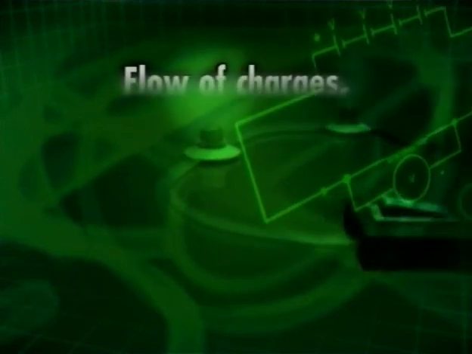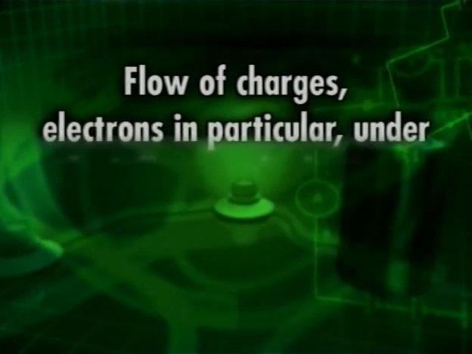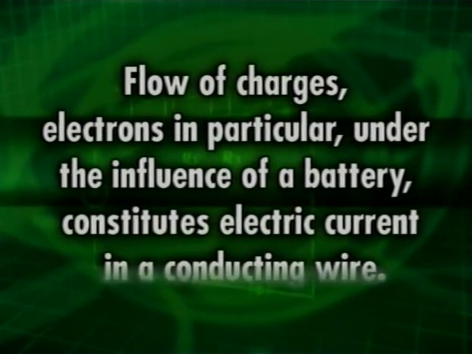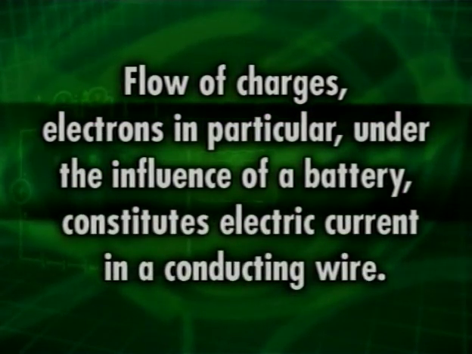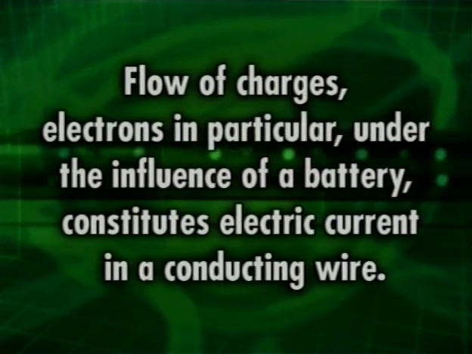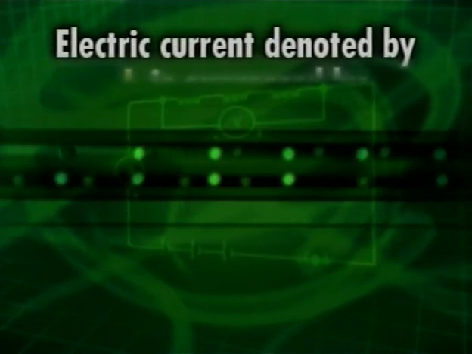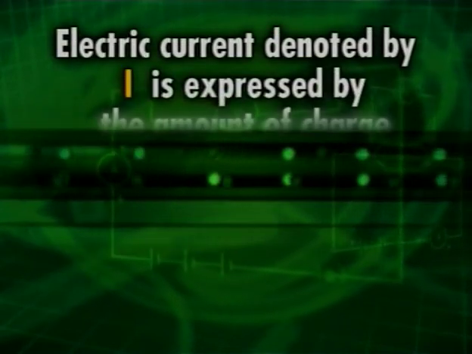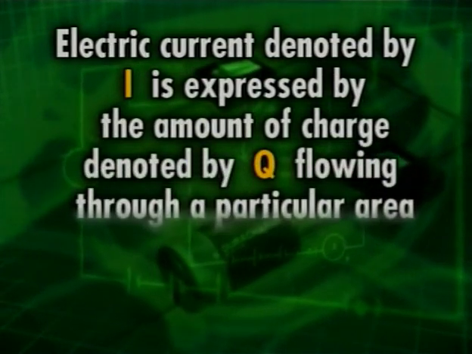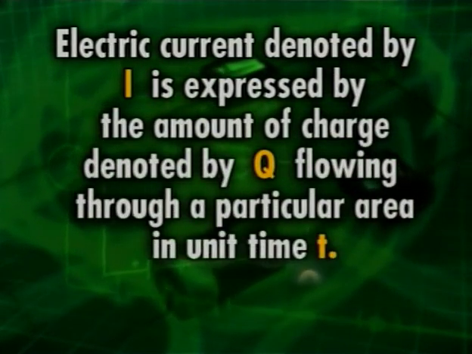So dear children, till now we have seen flow of charges, electrons in particular, under the influence of a battery constitutes electric current in a conducting wire. Electric current, denoted by I, is expressed by the amount of charge denoted by Q flowing through a particular area in unit time t.